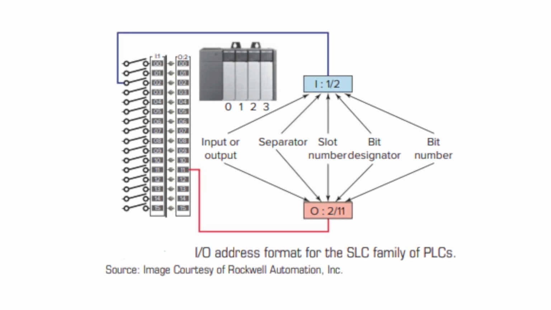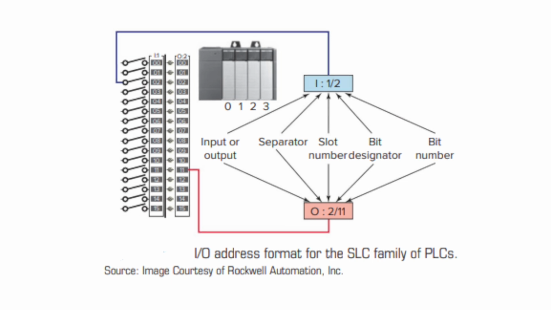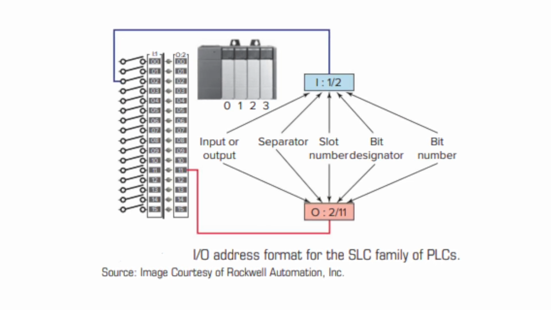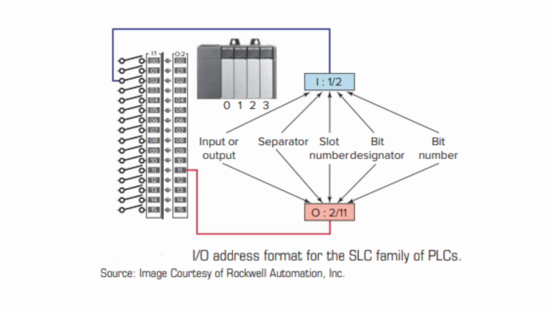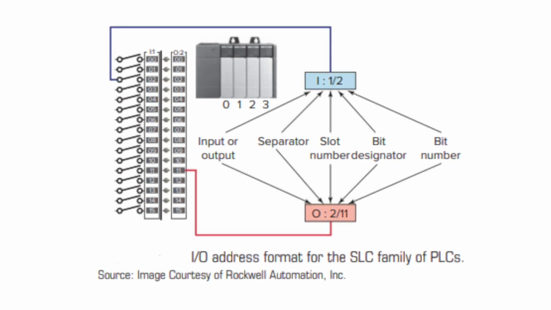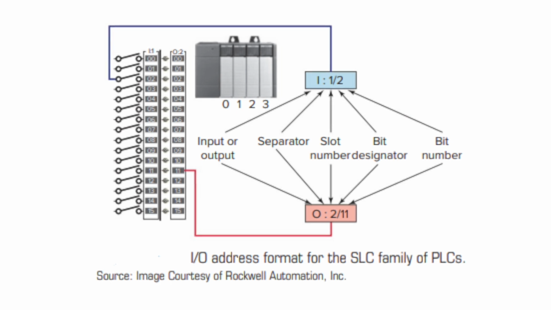The input output address format consists of three parts. First, the input or output identification. Second, the module slot number, and third is the screw terminal number.